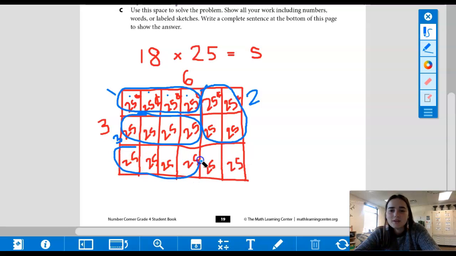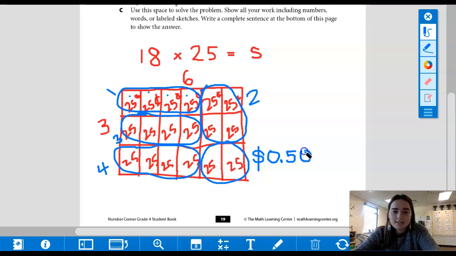I see a group of 4 here, and that's $4. But hold on, I don't have a full group here. I only have 2 quarters, or 2 25 cents. So to write that in our decimal or money notation, we have 0 full dollars and 50 cents.